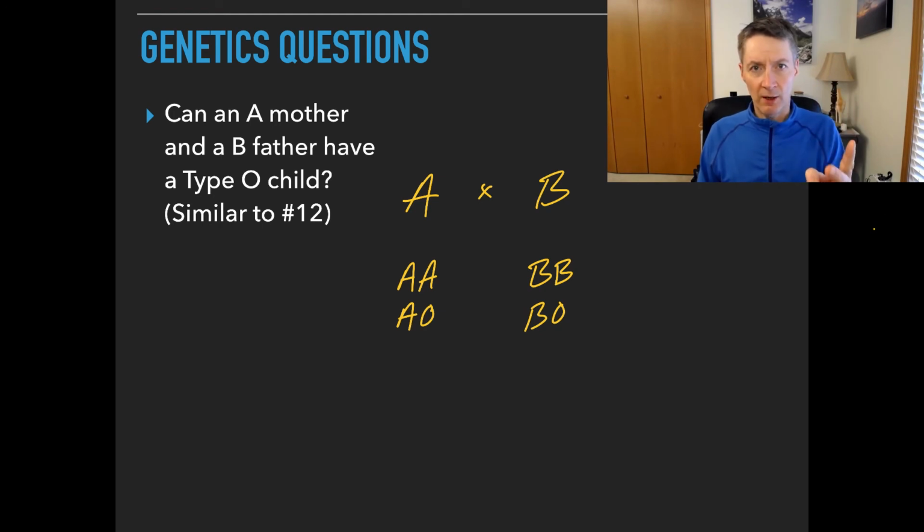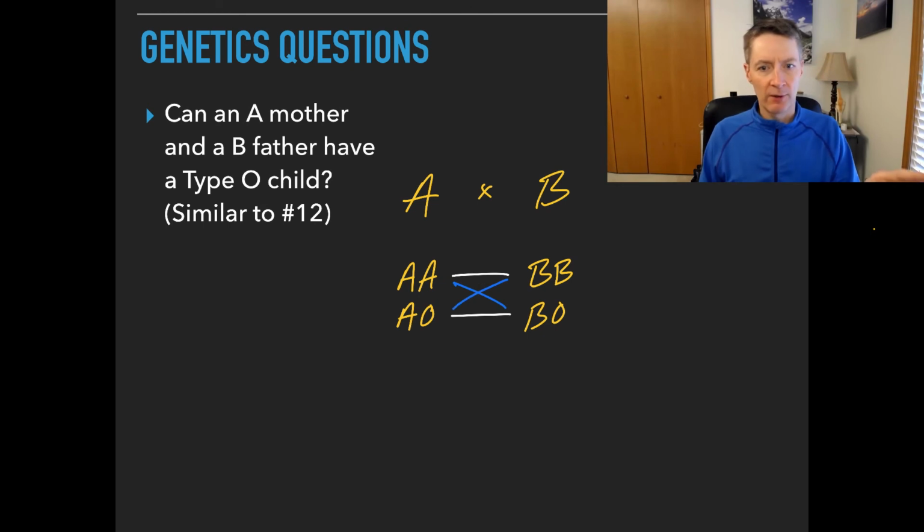So what we're really talking about is many different possibilities between these. It could be the top 2 together, the bottom 2 together, or some other mixture. So we're really now talking about 4 possible crosses among 4 possibilities here.